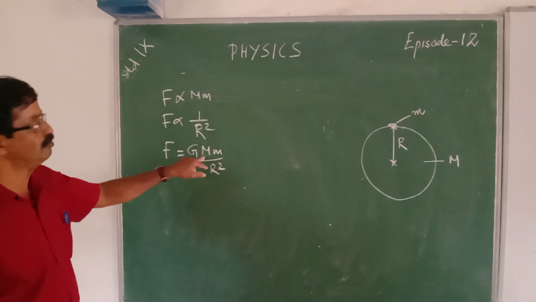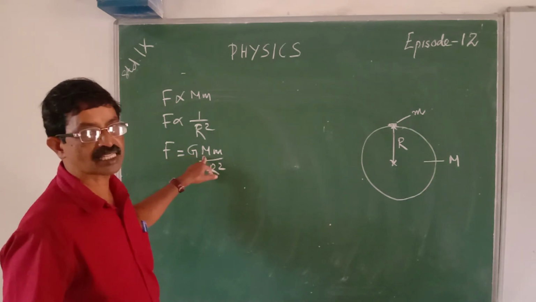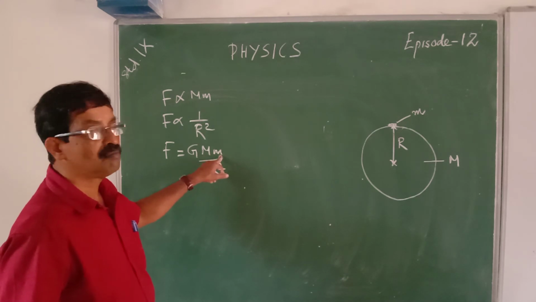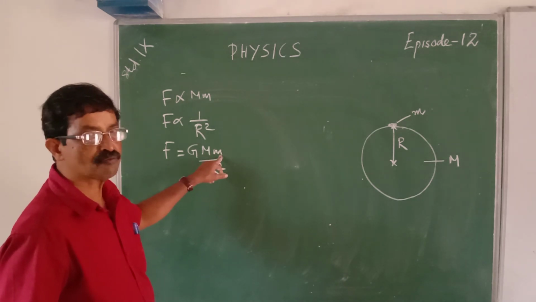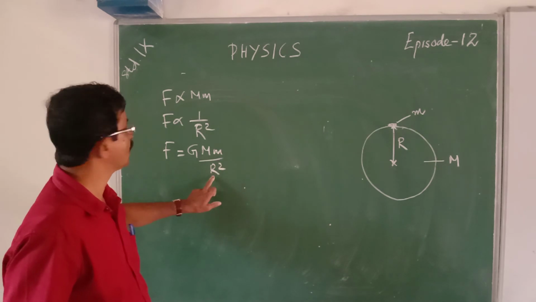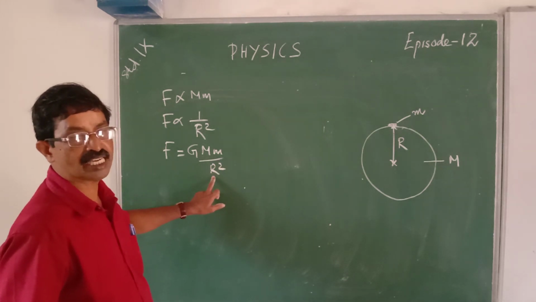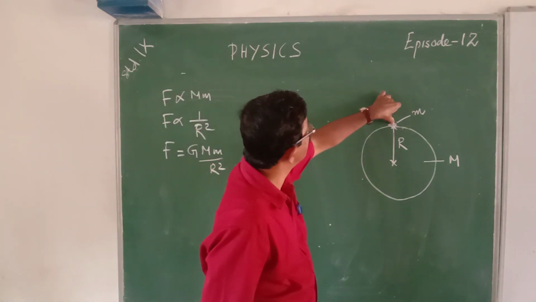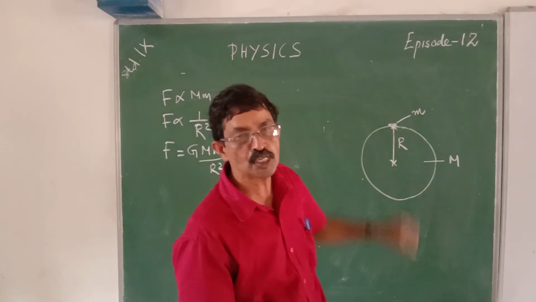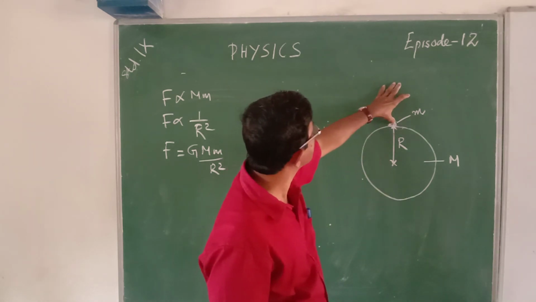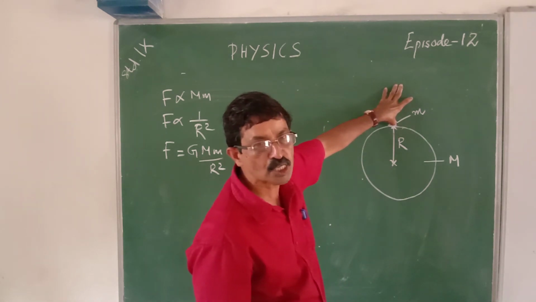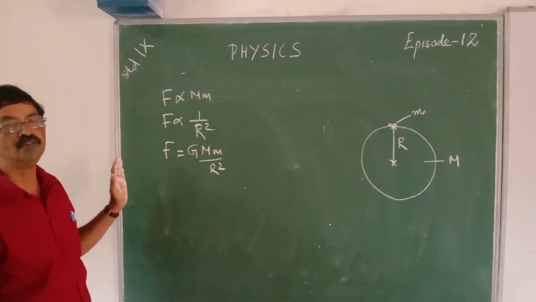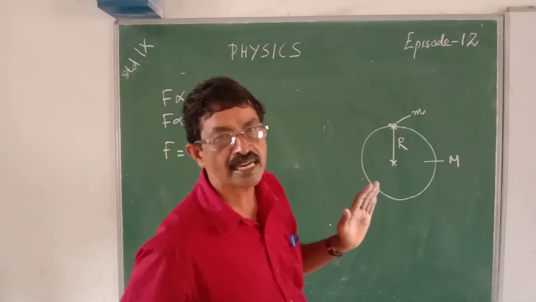Here M is the mass of the earth, small m is the mass of the body on the surface of the earth, and r is the radius of the earth. Why are we not taking this distance? Because when compared with the radius of the earth, this distance is negligibly small, so we can take it as the radius itself. This is the force between the body and earth.